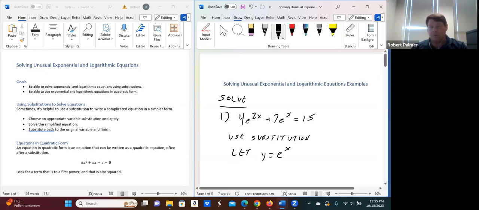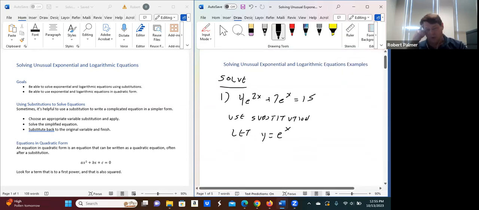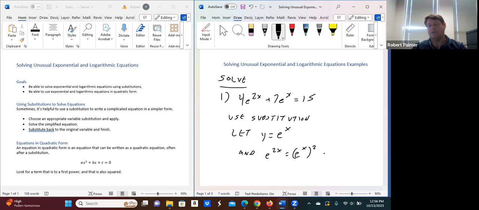Now, why do I do that? Well, I want to make this a simpler equation to work with. What I have in common in both terms is an e to the x. Remember, e to the 2x is the same as e to the x squared. Remembering the rules of exponents, you multiply your exponents, so this is going to be y squared.